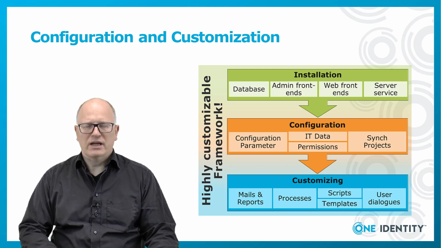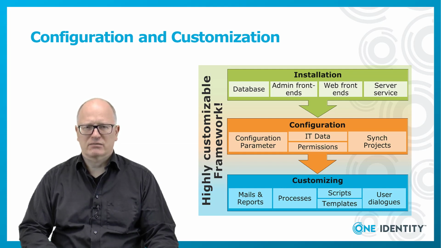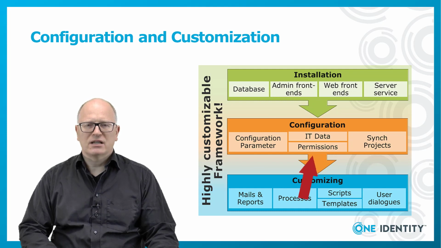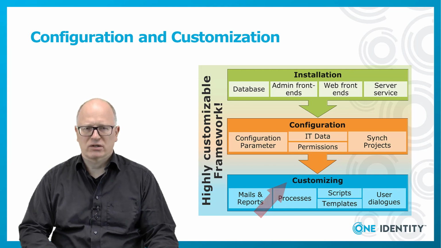So we hope our standard functionality is good enough for a large number of problems you want to solve, but for the last bits and the specialties that only exist in your company, we have the customization capabilities. This means we differ between installation, which has to be done, configuration, which should be done first, and at the end adding additional functionality to the system which was not implemented before, which we name customization.